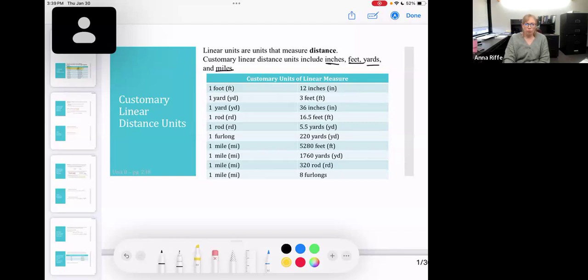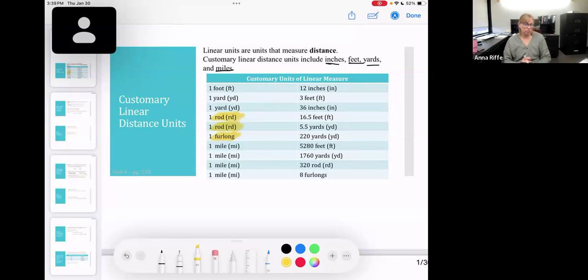I should probably point out a couple of these that are maybe less familiar. We don't use rods a whole lot. They're used in agriculture, I think, a lot. We don't use furlongs a lot. Maybe, is that a horse racing term?